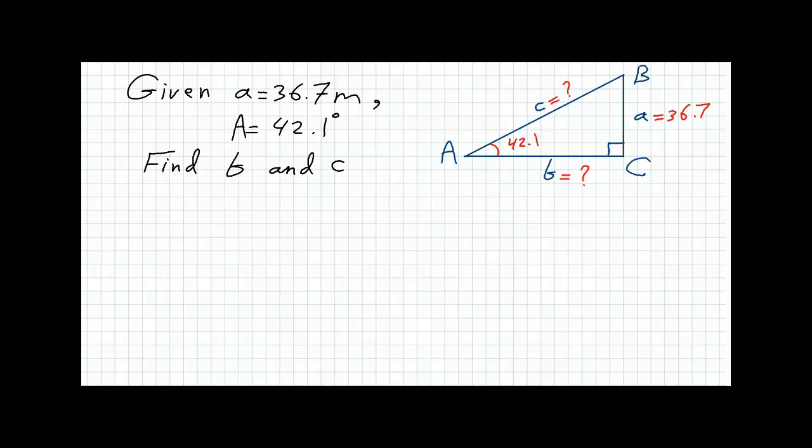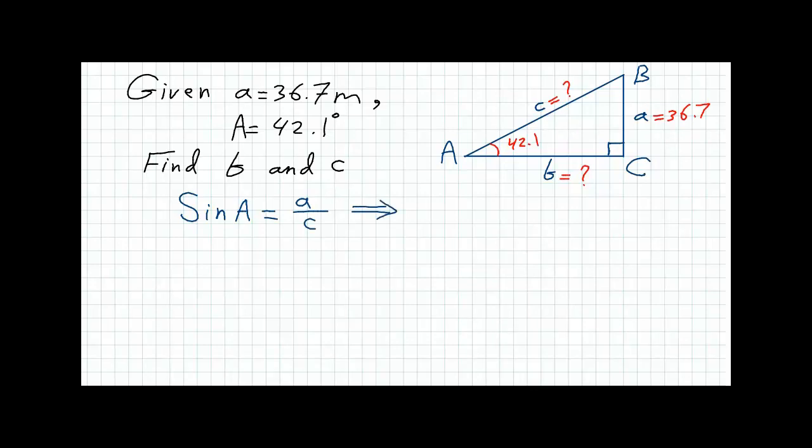You must think of the trigonometric ratio which combines side a and side c. This trigonometric ratio is the sine of the angle. So sine of angle A is equal to the opposite, which is a, over the hypotenuse, which is c. Let us substitute our information in this formula.